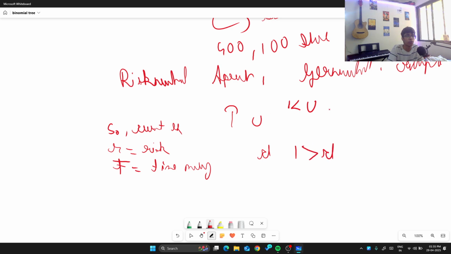So the upward movement would be S0u, and the downward movement would be S0d. I will show it in a diagram. And fu is the option value for the up part, and fd is for the down part.